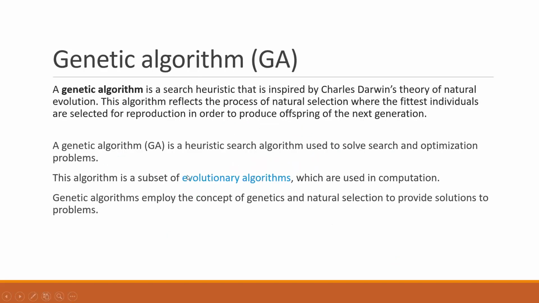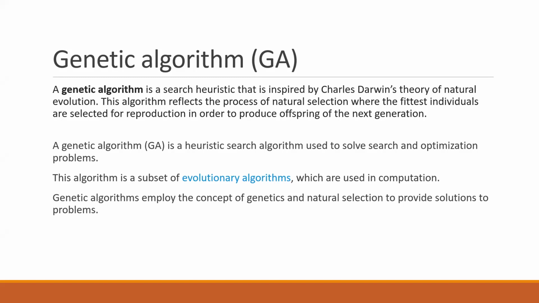Next, we have the last one, that is genetic algorithm. Now, what is a genetic algorithm? A genetic algorithm is a search heuristic that is inspired by Charles Darwin's theory of natural evolution.